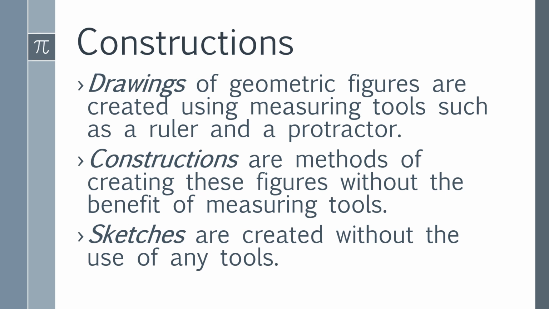The ancient Greeks didn't have rulers, but they did have ways of measuring angles and length, but they didn't use those in doing these constructions. A sketch is just drawing it out as best we can freehand, trying to get a concept on paper so we can visualize what we're doing.